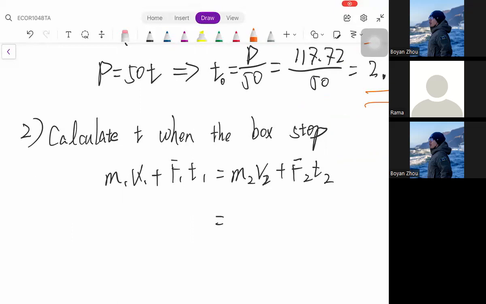At the final moment, we know the velocity is 0, so that is going to be 0. And at the first moment, when the box is just about to move, the velocity is still going to be 0. So we have 2 zeros here. The first one is when the box is just about to move. Actually, I'm going to write it down.